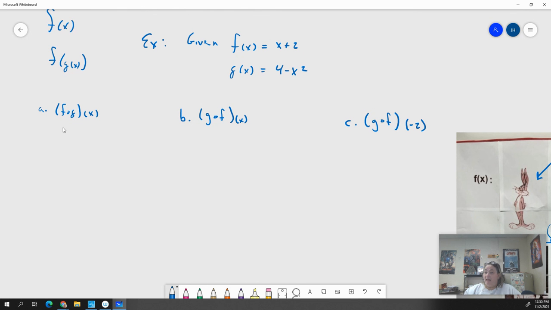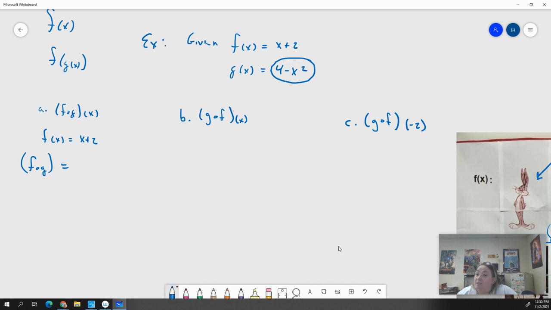F of g means whatever f is, we're going to plug g into its x value. So my f of x in this case is x plus 2, right? So f of g means wherever this x is, I'm going to plug in whatever my g of x is.